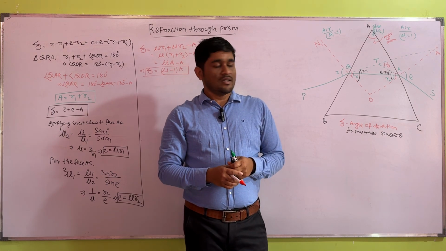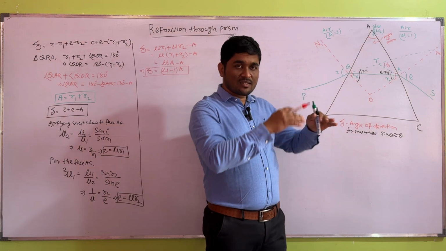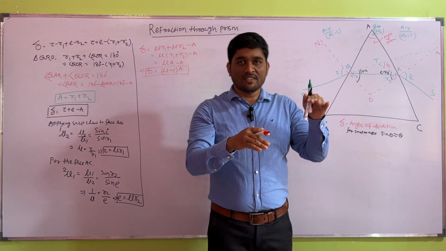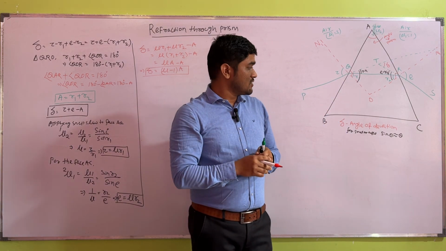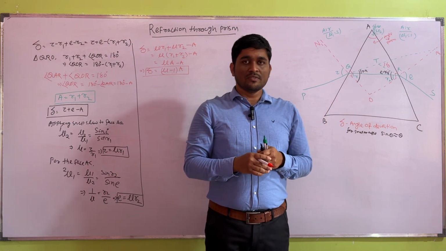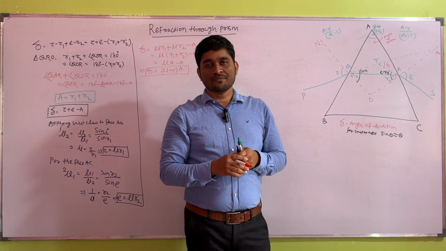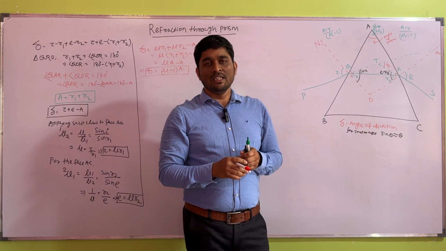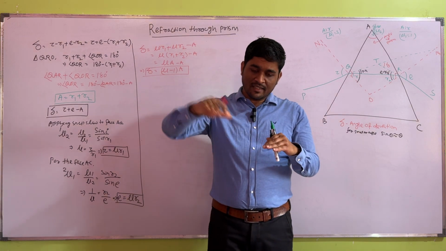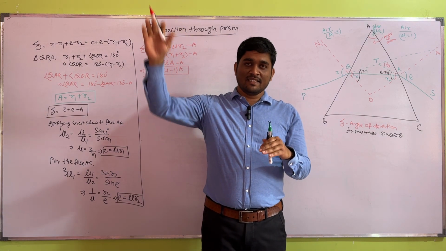And first we have to increase the angle of incidence. When we increase it, you can observe the angle of deviation first decreases and attains a certain minimum value. Then again it increases.